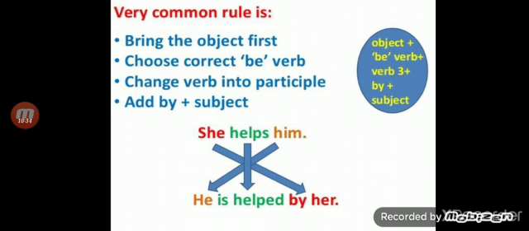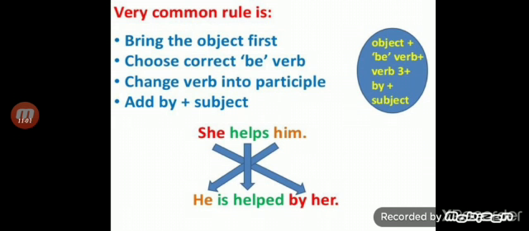See here, she helps him. He is helped by her. She is the subject, helps is the verb, him is the object. How do we change it into passive voice? Him, the object, will come to the subject place. He helps, simple present tense.